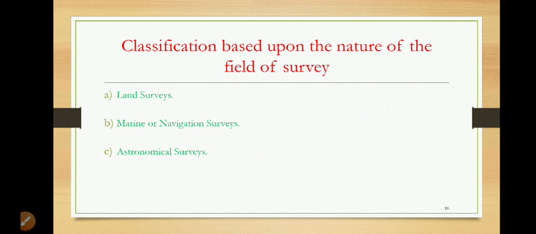In marine and navigation survey, we use surveying in water fields for navigation purposes. And astronomical survey deals with latitude, departures, azimuth, like that.